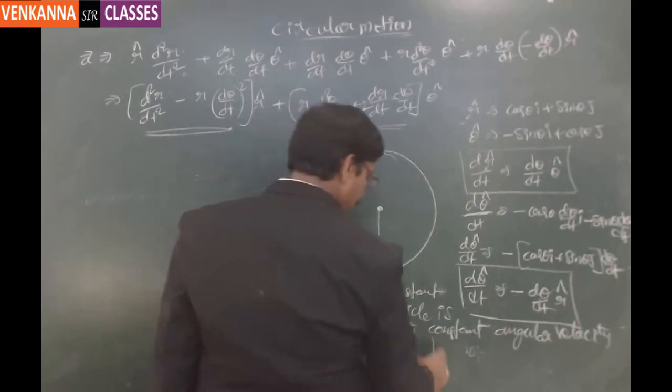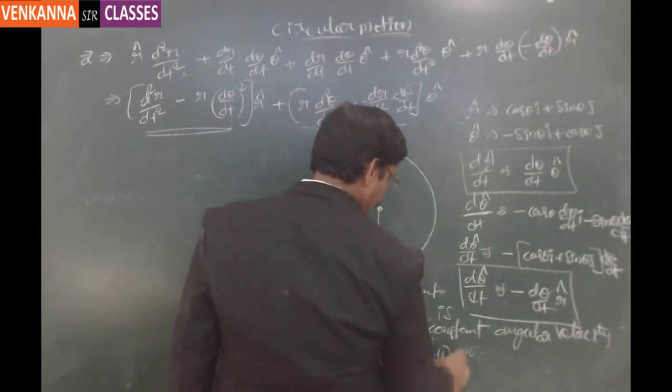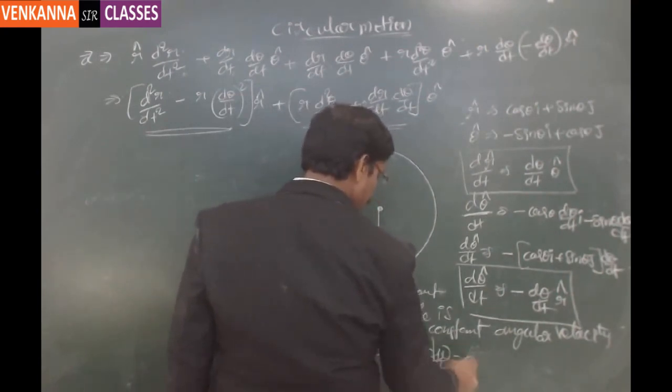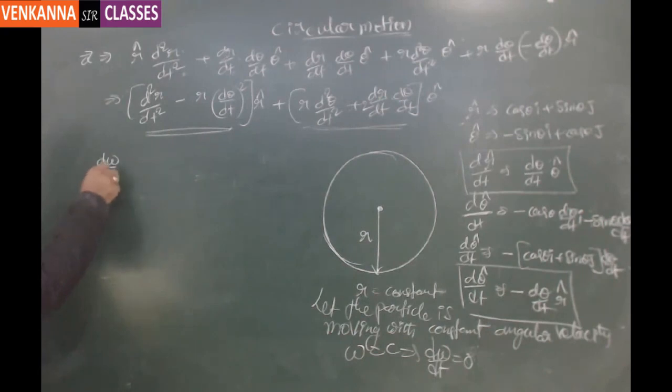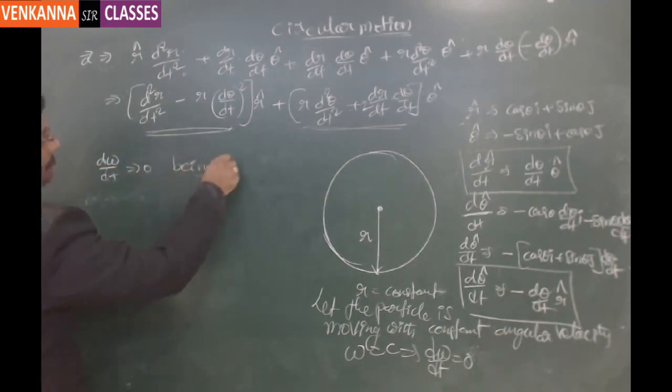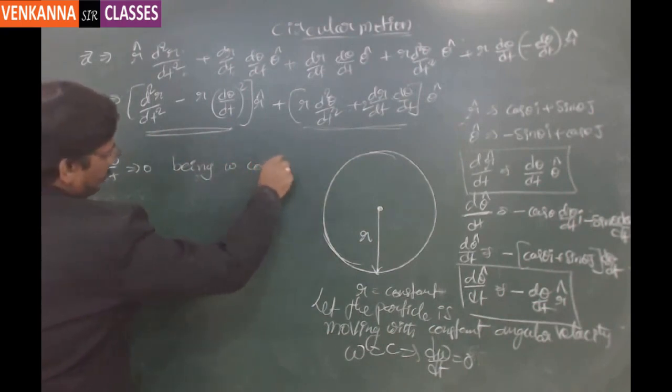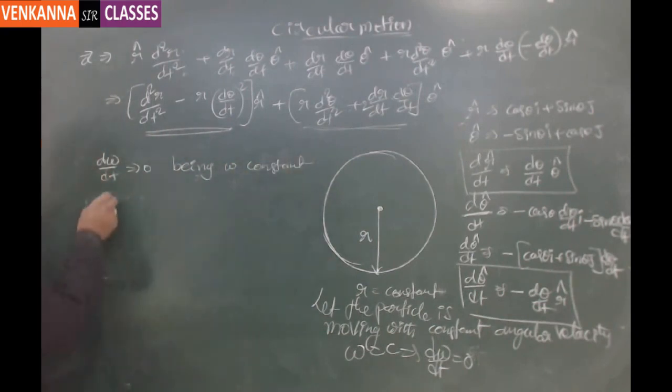It implies that d omega by dt is 0. So d omega by dt equal to 0 because omega is constant. And the same thing you can write as d square theta by dt square is 0.